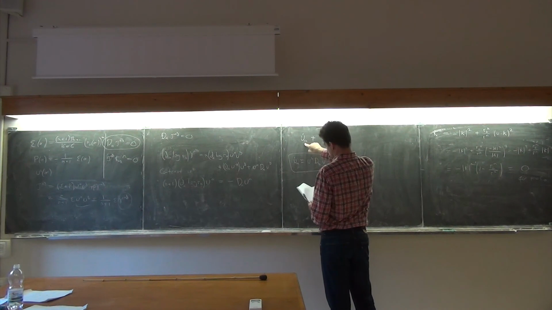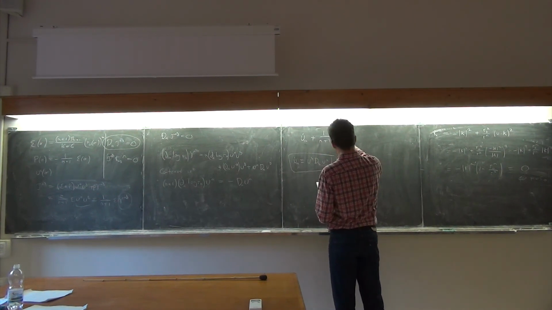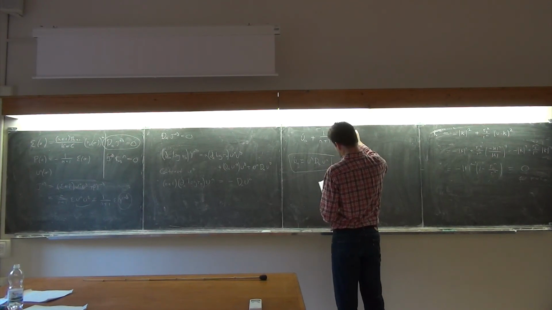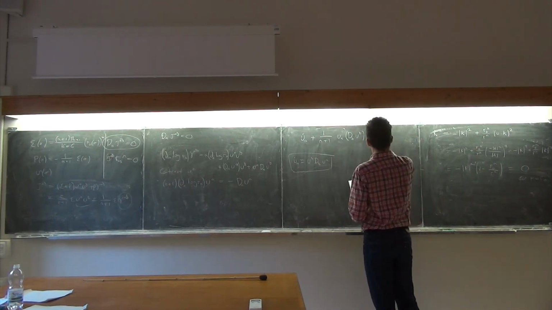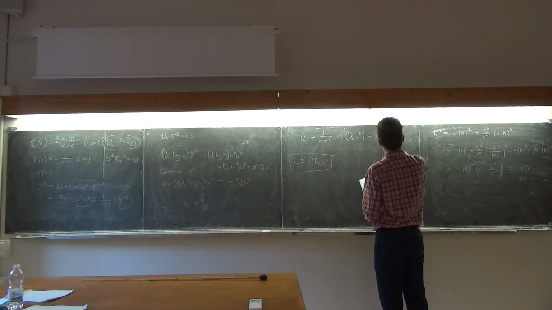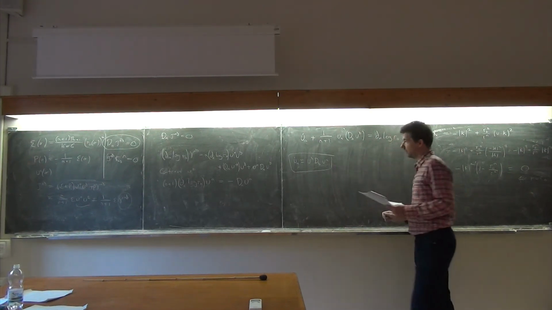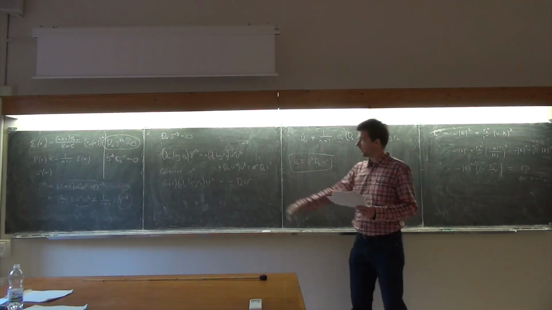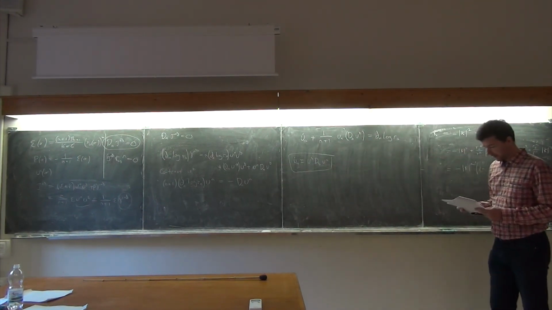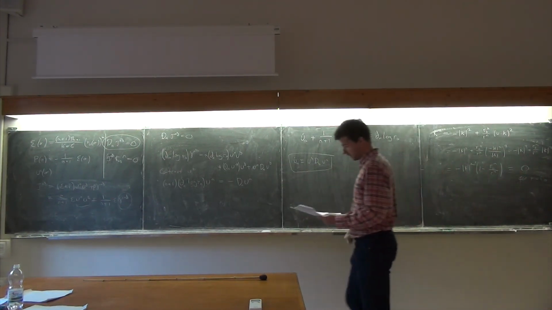So the acceleration of the fluid plus 1 over n plus 1 u_a, and then something related to the expansion of the fluid is equal to the derivative of log R0. So if you go through all of that algebra, then you get this result.